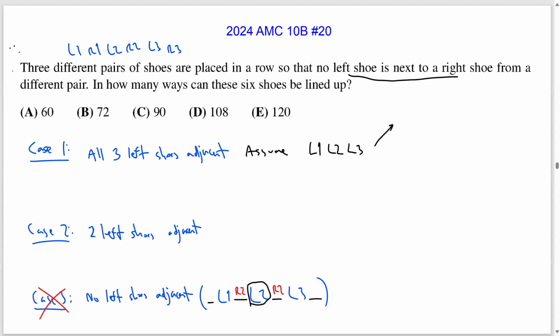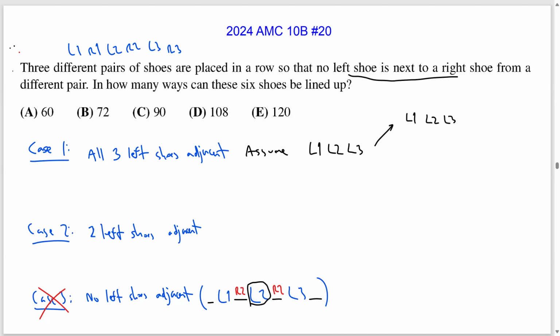So for this case, all we need to do is list out the possibilities. Note that L1, if it's going to be adjacent to any other shoe, it has to be R1. And if L3 is adjacent to any other shoe, it must be R3. So using this, we can list out the possibilities.